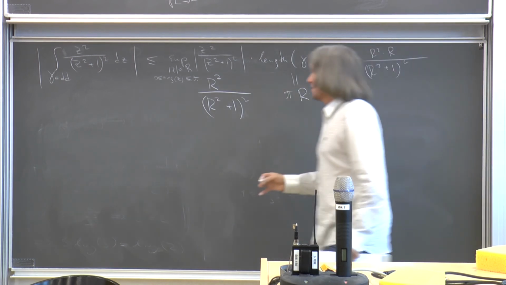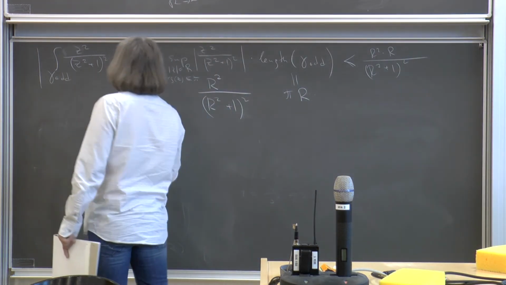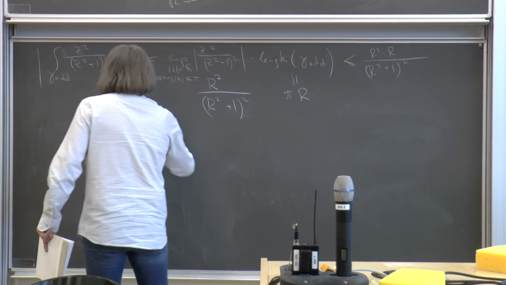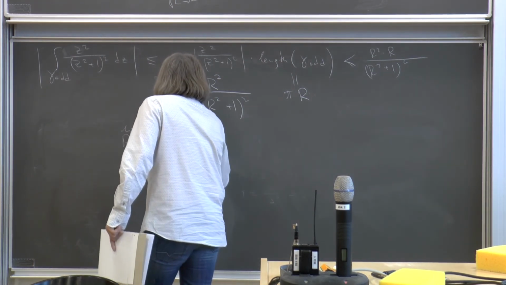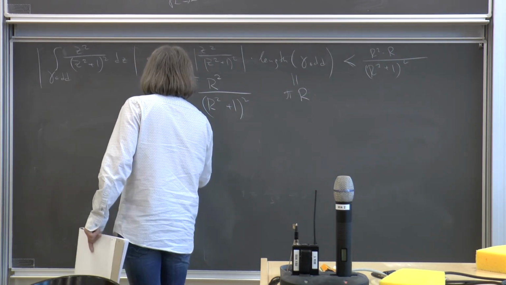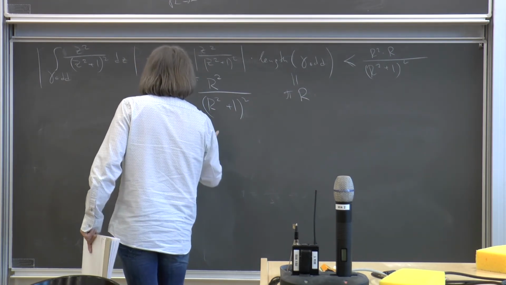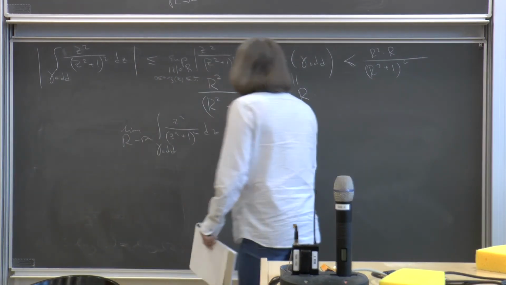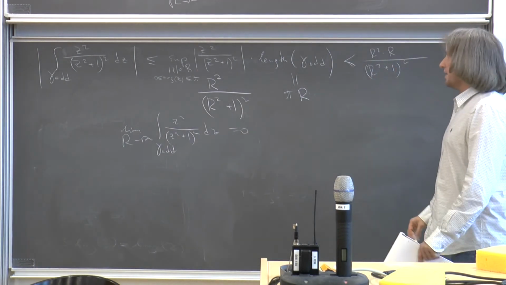So then the limit of this, when r goes to infinity, of the integral over gamma ad of z squared over z squared plus 1 squared dz is simply 0. So we're lucky.